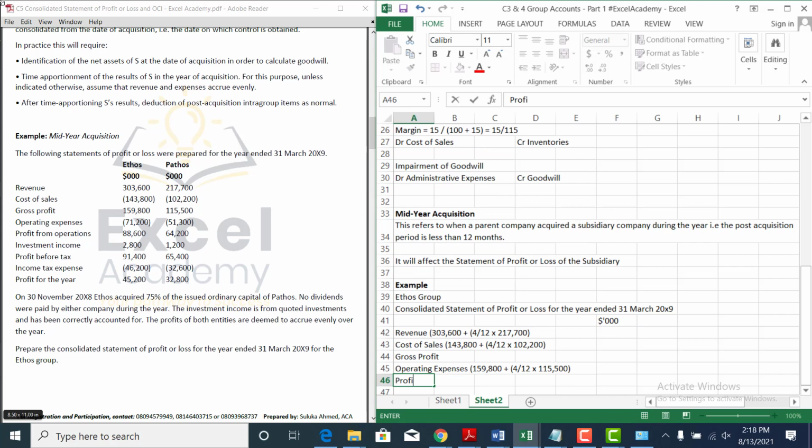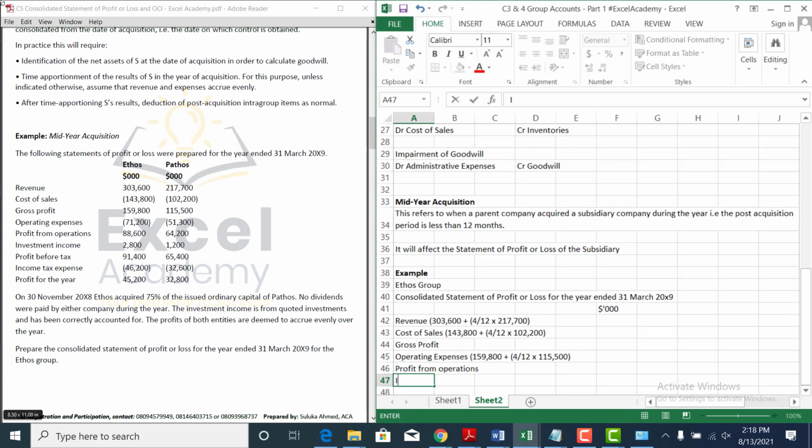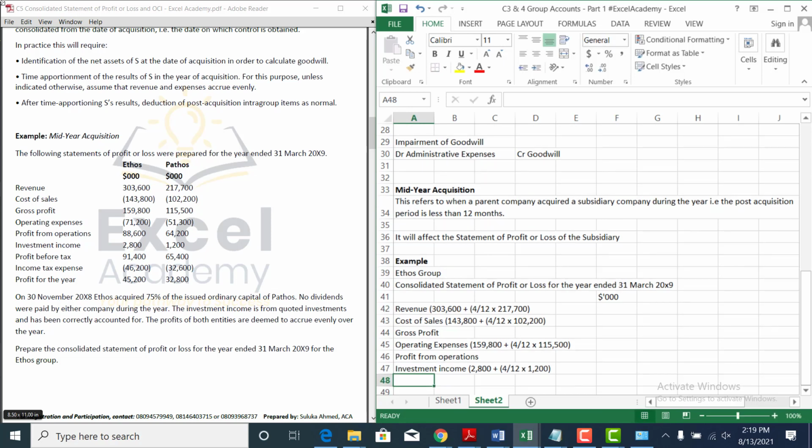Profit from operations. Investment income: 2,800 plus 4 over 12 of 1,200. We have profit before tax.